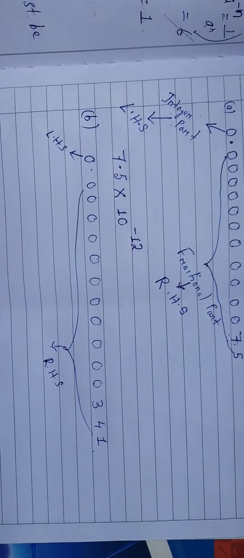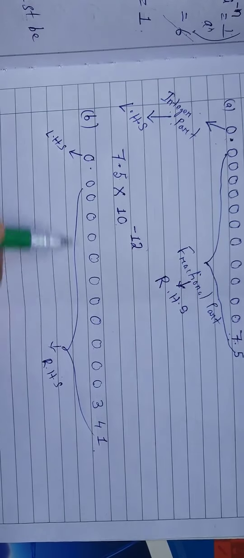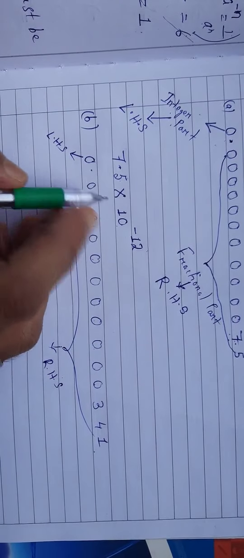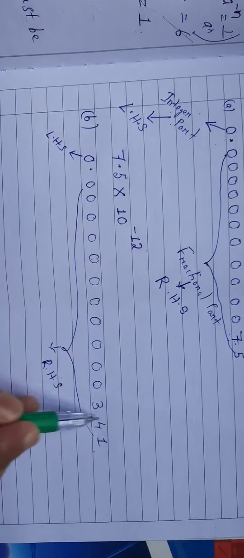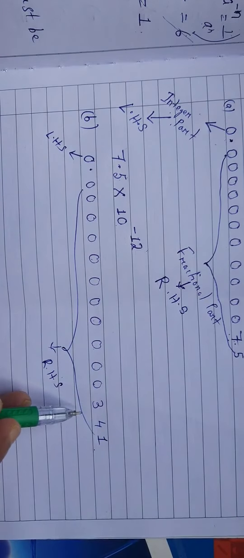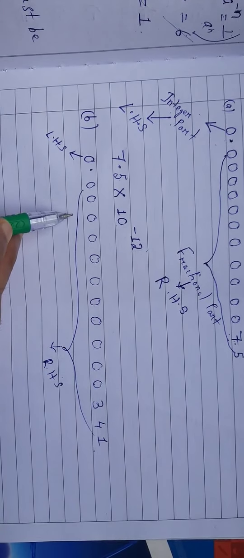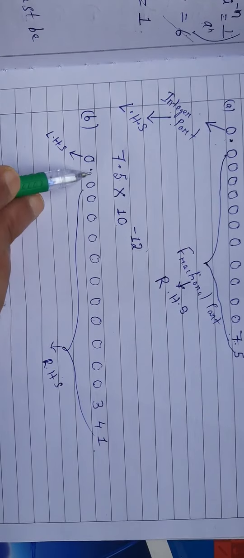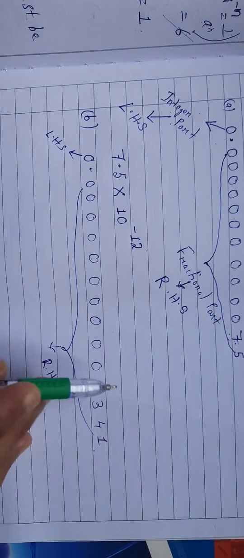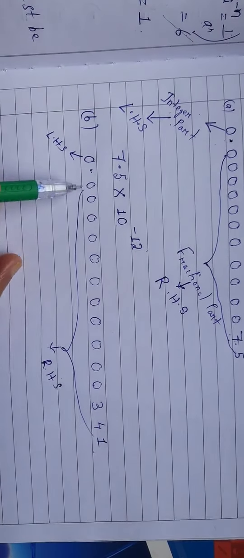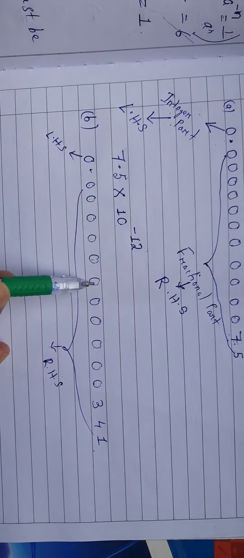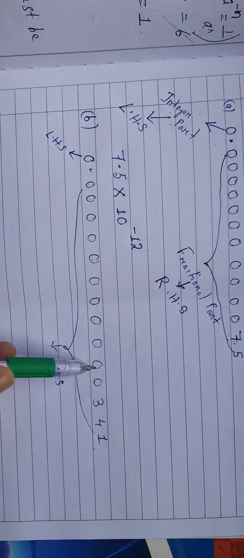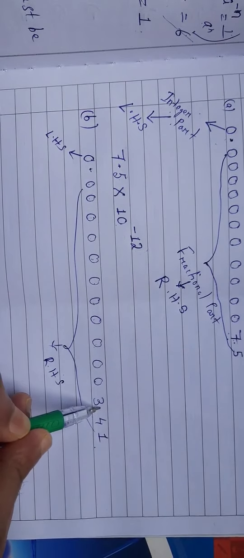Now to convert it into the standard form, as said earlier, if the decimal point is shifted to the right hand side, then the exponent of the power becomes negative, and the value of that exponent depends upon the number of digits that the decimal point has shifted. So let us count: 1, 2, 3, 4, 5, 6, 7, 8, 9, 10, 11 and then 12.